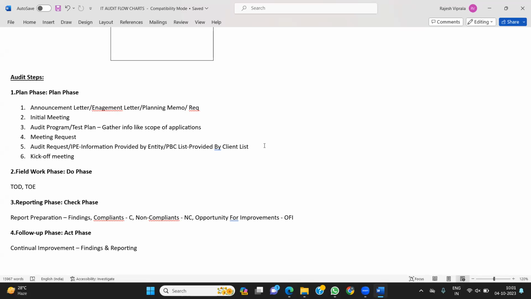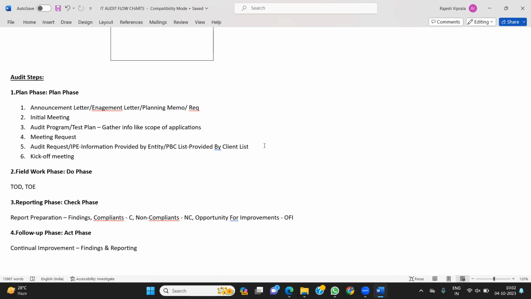Let it be audit, let it be risk management, let it be for a new project introduction into the business. It can be anything. So PDCA is common. So when you follow the PDCA within the organization, the quality of the product or the project, the expectations of the project, and the delivery of the project, all three things will be satisfied.